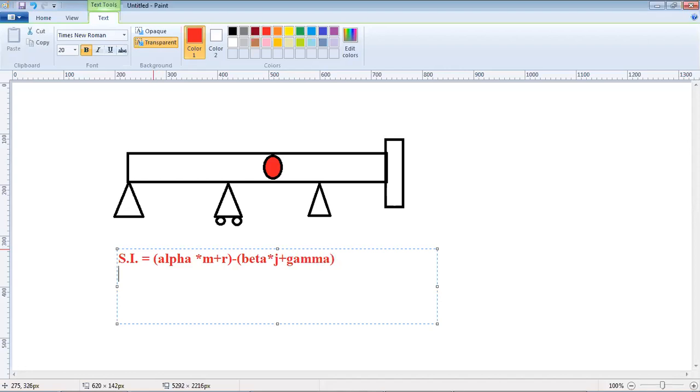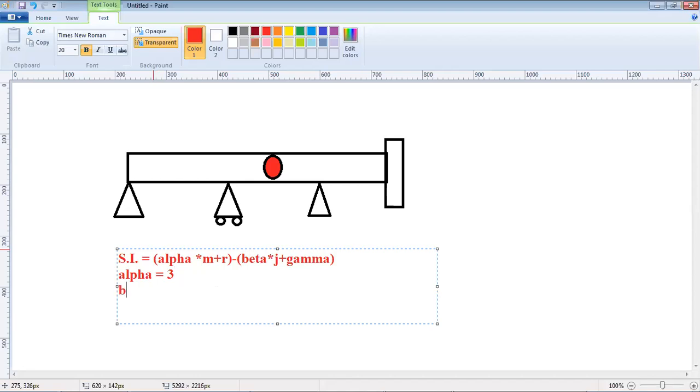So for this question, alpha will be equal to, how many forces will there be in this beam? It will be 3. You have 3: shear force, axial force and moment.